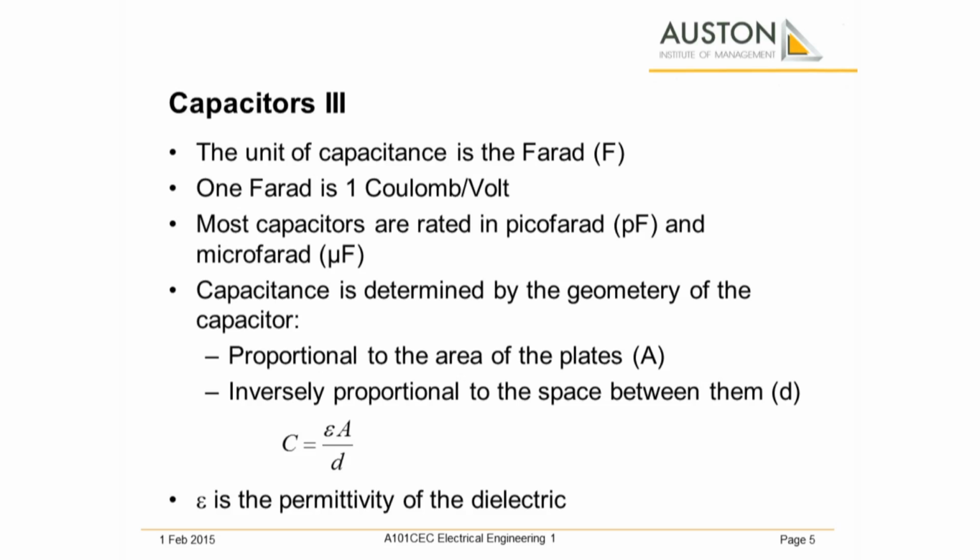The capacitance is proportional to the area of the plates and inversely proportional to the distance between them, which means that the larger the area of the plate, the larger the capacitance, and the farther the two plates are separated, the smaller the capacitance.